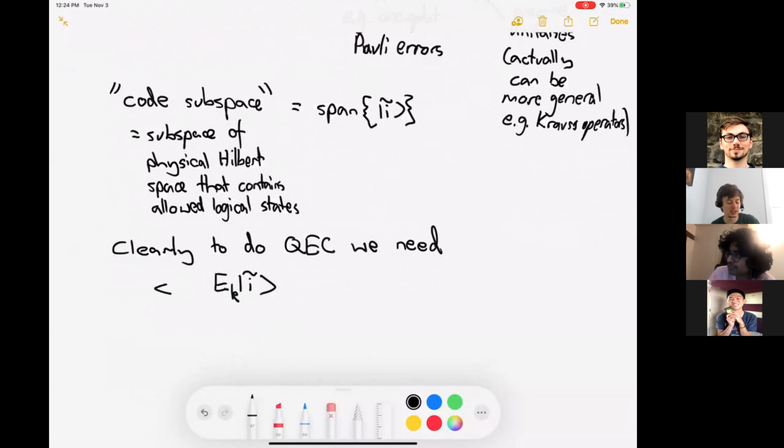If I start in some different state j tilde and have some error El happen to that, which may or may not be the same as Ek, then if i and j are different, these two states need to be orthogonal, right? Because if they started orthogonal, we need to be able to distinguish the state i with some error happening to it from the state j with some error happening to it.